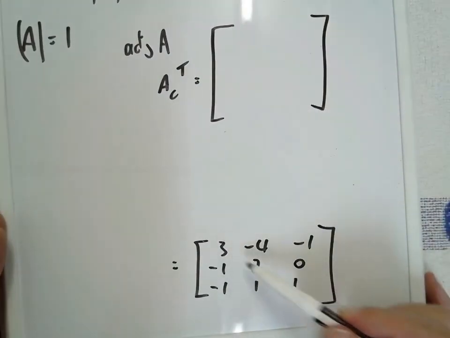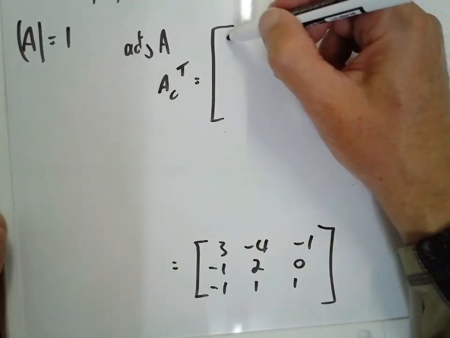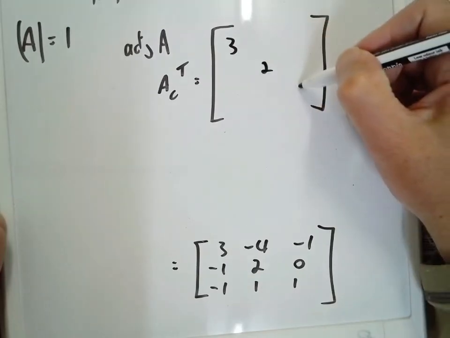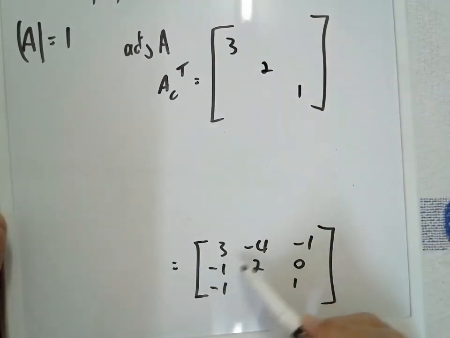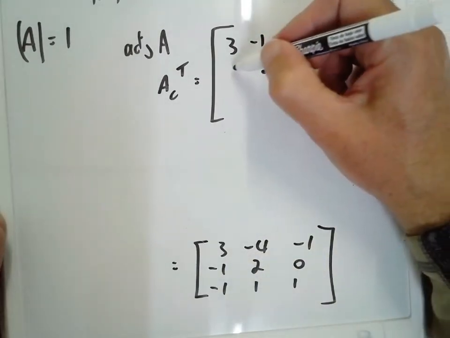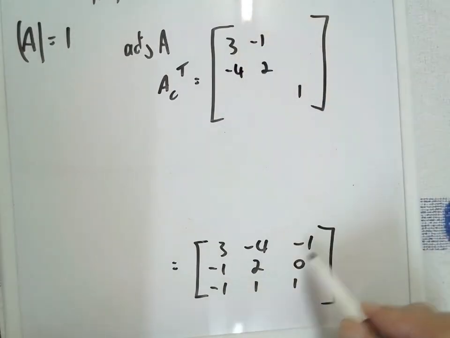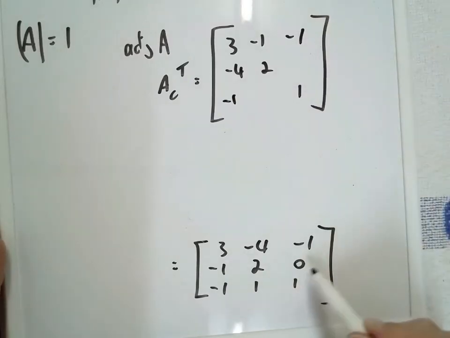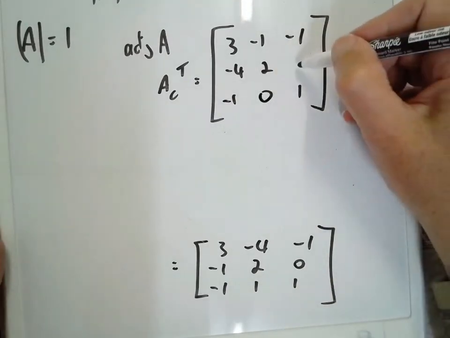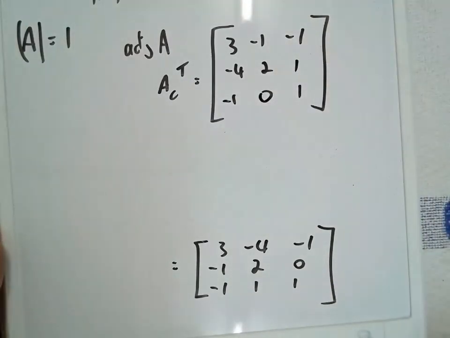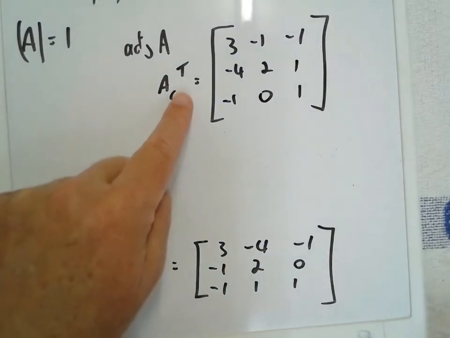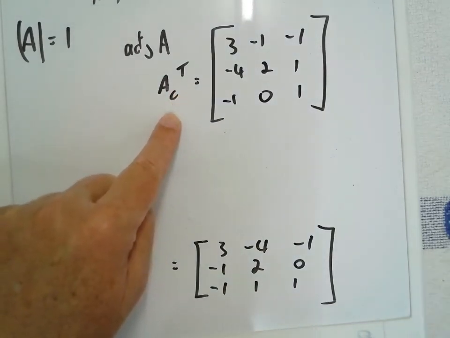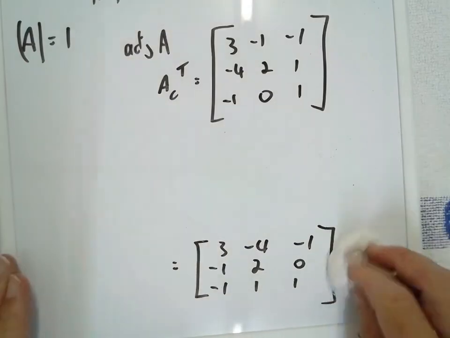So we leave our leading diagonal exactly the same. 3, 2, 1. This minus 1 and minus 4 change places. The two negative ones change places, and the 1 and the 0 change places. That becomes our transpose of our cofactor matrix, which is the adjoint of A.